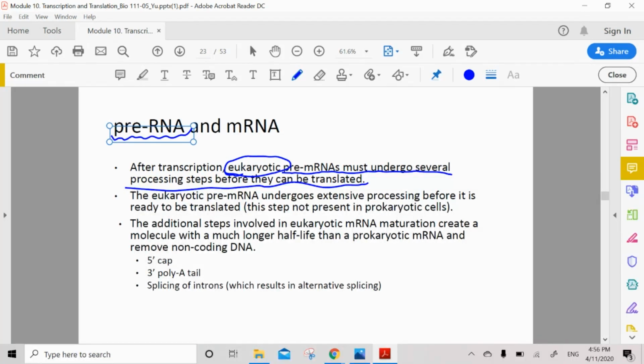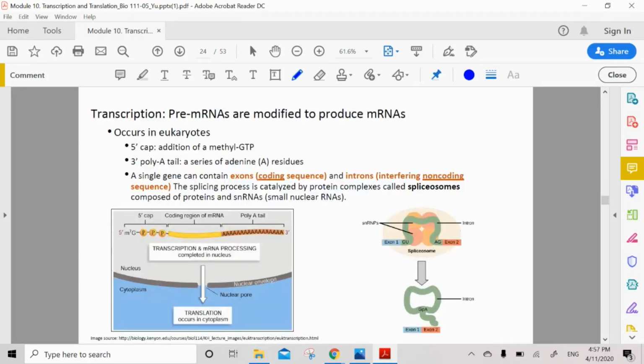These steps are: a 5' cap added to the 5' end of the mRNA strand, a poly A tail added on the opposite end, the 3' end, and then some enzymes and machinery that splice out the introns. We're going to look at them in more detail.